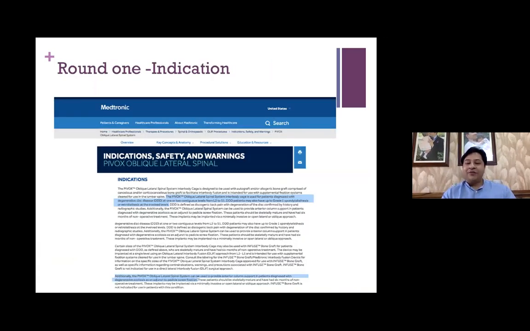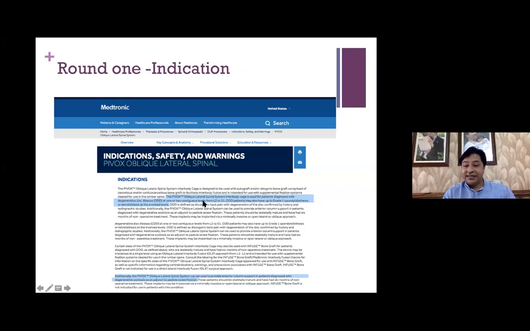So I have divided this talk into 3 rounds, like 3 rounds of fight between OLIF and MIS TLIF. Round 1 will talk about indications. So this is a slide which I have taken from Medtronic. Now Medtronic is the first company in the world to introduce OLIF to the world. So if you look at the website of OLIF, all of you can go and see the indication of OLIF, it talks about very limited indication.